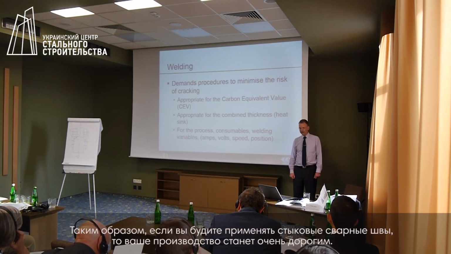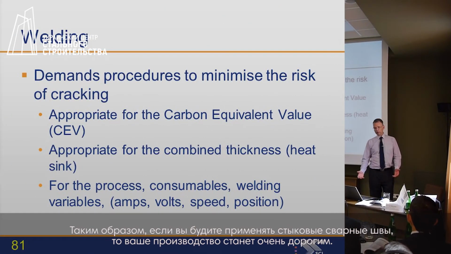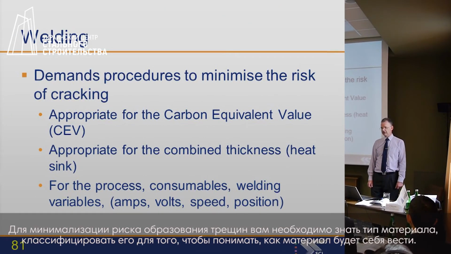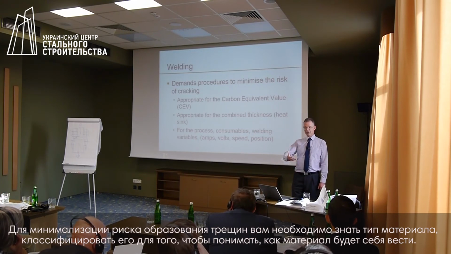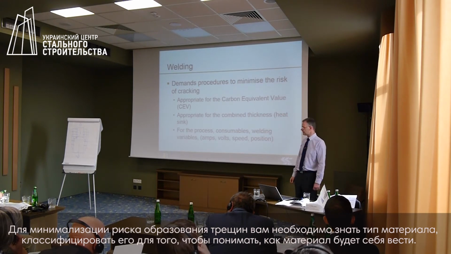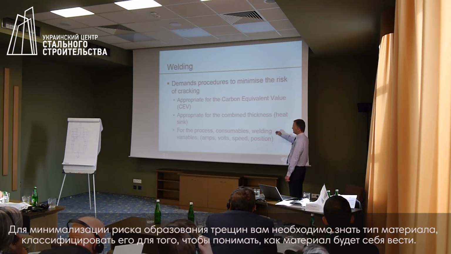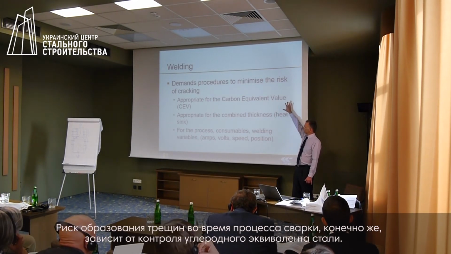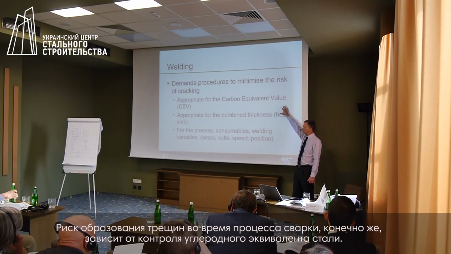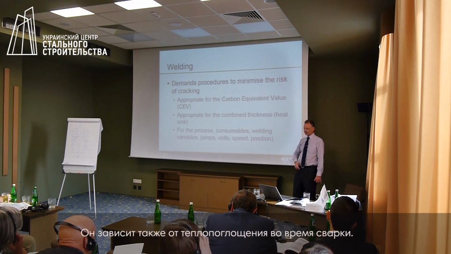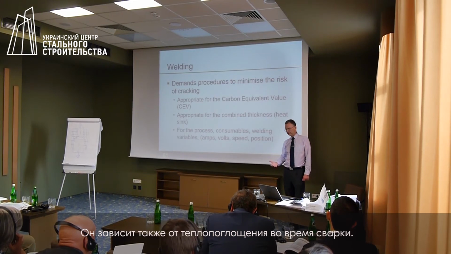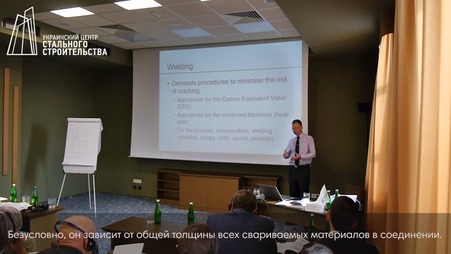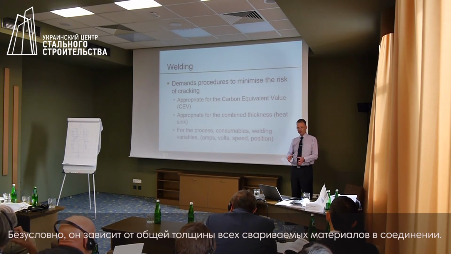A steelwork fabricator should have a weld procedure for all the welds that they're going to create, because of brittle fracture. You have specified the material yesterday, you wish to ensure that the welds do not behave in a brittle manner. The risk of brittle fracture in a weld depends on the carbon equivalent value of the steel, it depends on the heat input into the weld, it depends on the combined thickness of all the materials meeting at a particular connection.